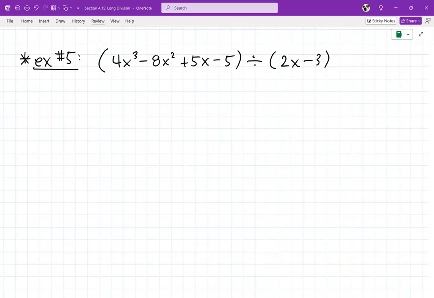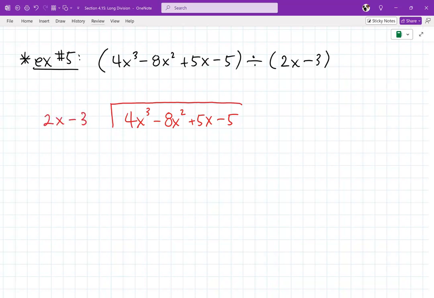I know it's long division because it's a 2x minus 3. It's not just 2x, not just minus 3. It's two terms. Once you get two terms, you got to do long division. So here we go. We'll try to do this one a little bit faster. So 4x cubed minus 8x squared plus 5x minus 5, and on the outside will be 2x minus 3.